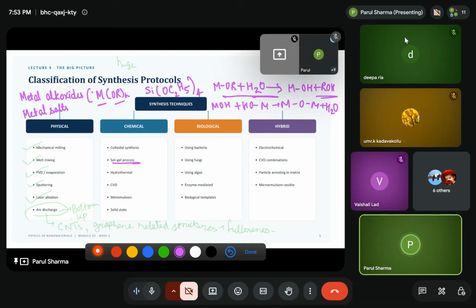The important product is this M-O-M. With repeated condensation, it will create a long chain. As hydrolysis and condensation proceed, a 3D network is created, and tiny particles or polymeric clusters begin to form, and these remain dispersed in the liquid, so that is called the sol.